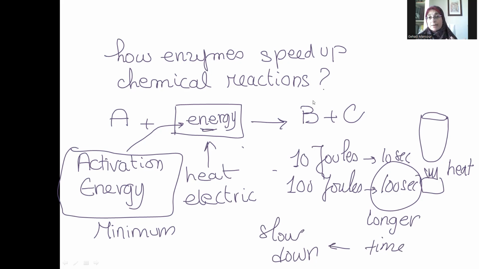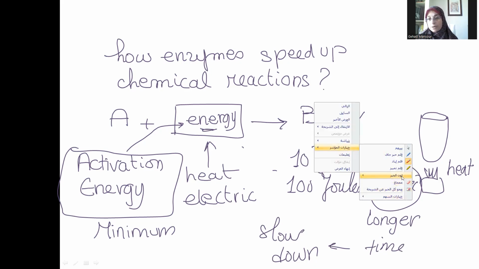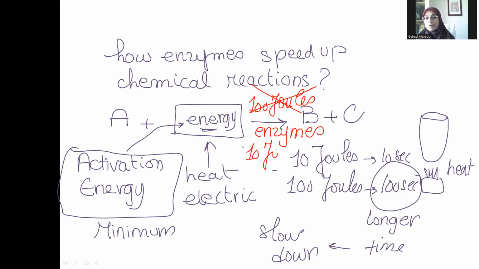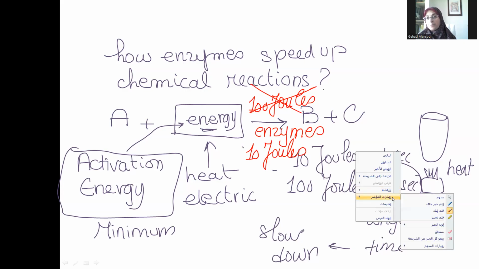So if the chemical reaction, when proceeding on its own, requires, for example, 100 joules to start, then if you use an enzyme, it would not need 100 joules, but it would just need 10 joules of energy. So what the enzyme did is lower the activation energy, and by lowering the activation energy, it speeds up the chemical reaction because it minimizes the time needed to start the chemical reaction.